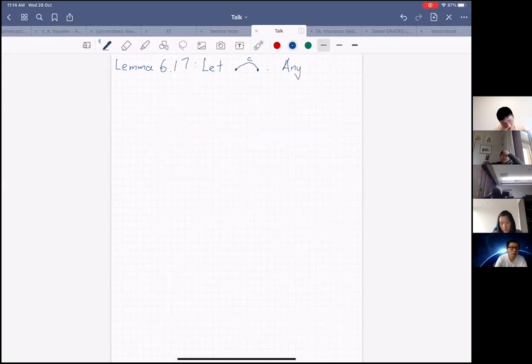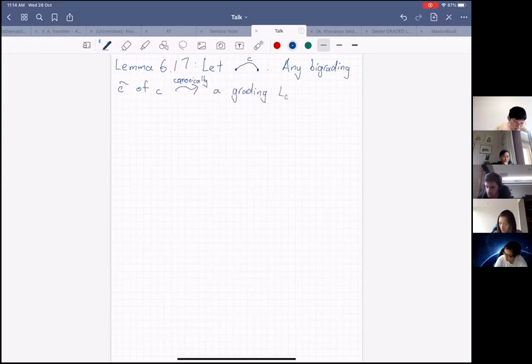Now what I'm trying to claim is that I can get the grading of Floer cohomology from the grading on topology. So, from any grading C tilde of C, I can get canonically a grading LC tilde of LC. From a curve I get a Lagrangian submanifold.